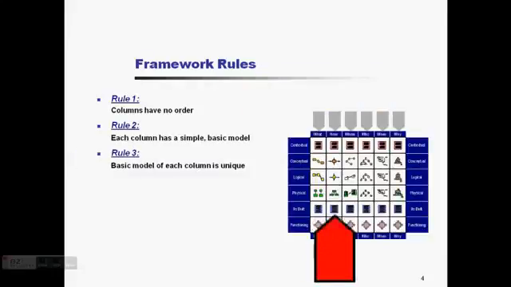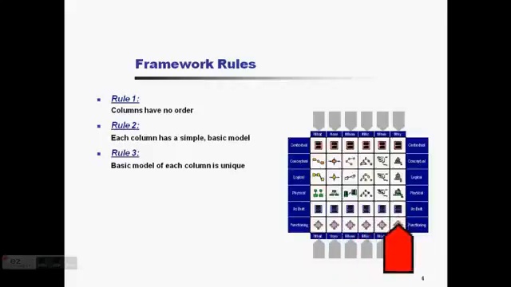Rule 3 is about the basic model of each column must be unique. So the individual models may be related to one another because they are all abstractions of the same real-world enterprise, but each model represents a separate and unique concept.